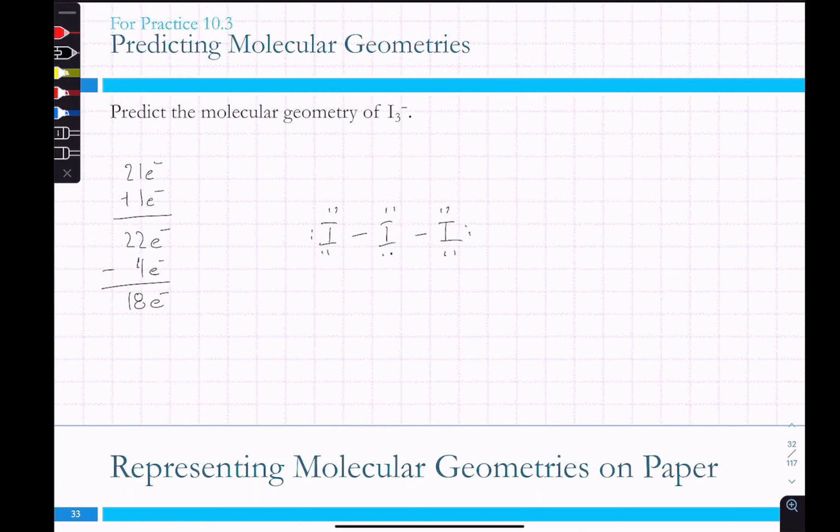Please verify. Is this 20? No, that's 18. Oh, this is 20. Oh, so it did count it right the first time. We have to give 2 more to the central atom. Yeah, if you're getting extras, they go to the central atom.